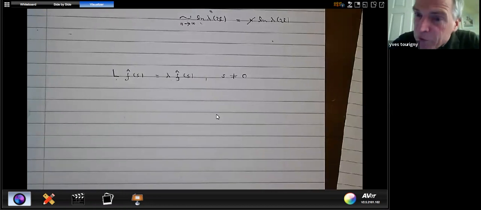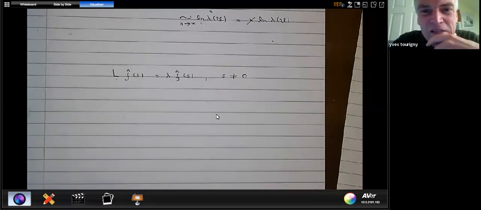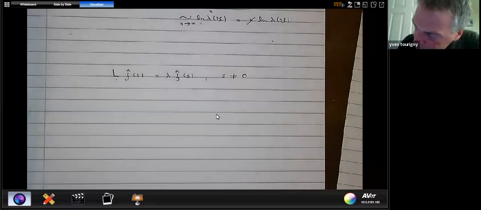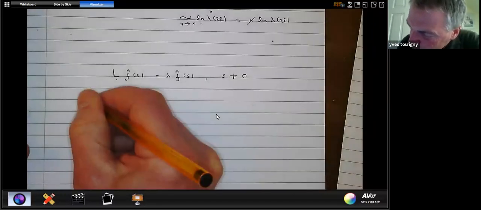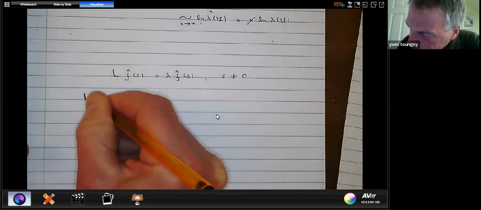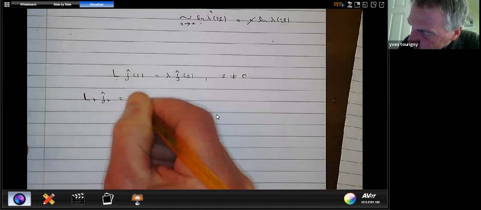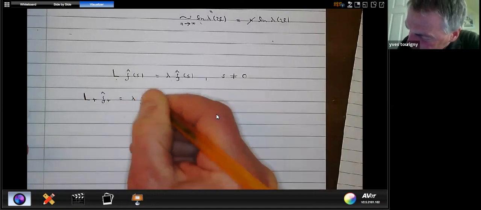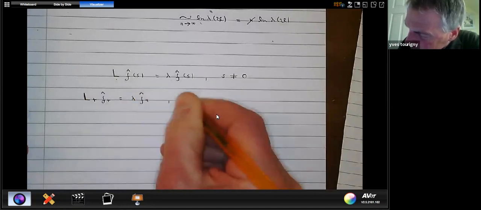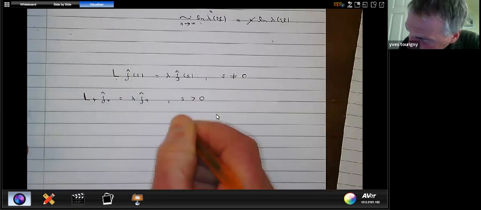So when you go over to the Fourier transform, they're not very nice functions at the origin. The Fourier transforms of algebraically decaying functions have got a problem at S equal to 0. So in order to solve the spectral problem, you need to separate the problem into 2 parts. You'd have a plus part and you'd have a minus part.